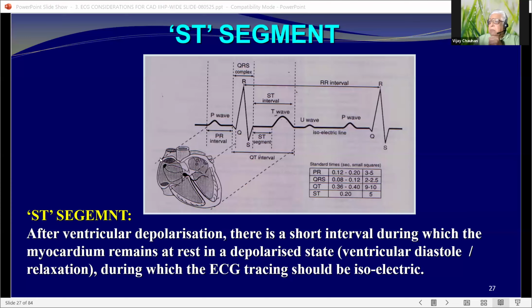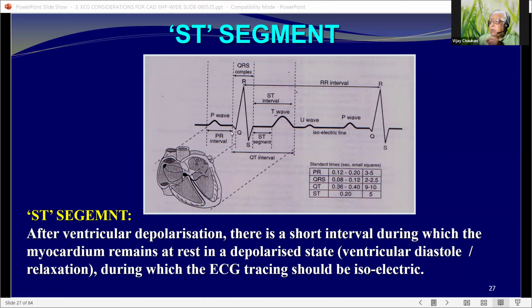So we have been looking at this particular diagram of the heart. Distinctly we find the heart has an upper part which includes two atria, right atrium and left atrium. We can see these dotted lines going to the electrical tracing, which starts as a P wave and PR interval. From the onset of the P wave to the Q wave, we have the PR interval.